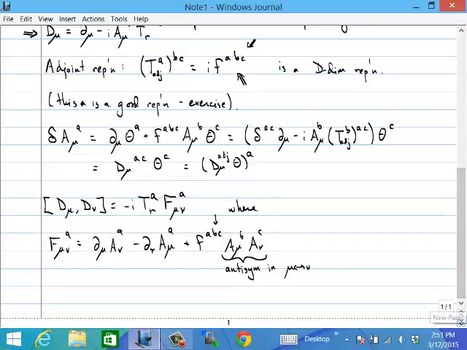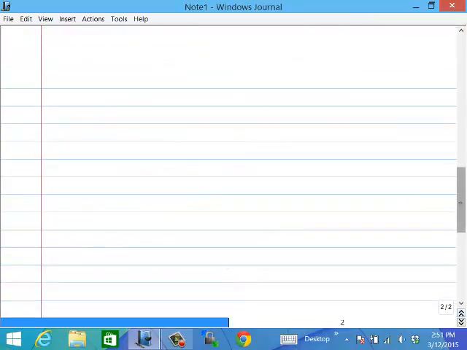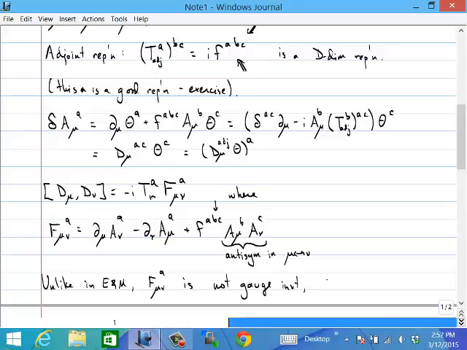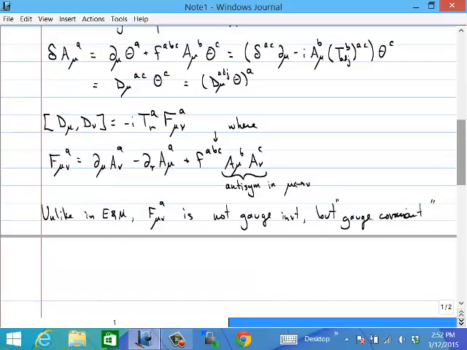Now, there are a few interesting differences from electromagnetism, which I'm just going to point out here. So the first is that, unlike in electromagnetism, F_mu nu is not gauge invariant, but rather it transforms under a gauge transformation in a way that is often summarized as the statement that F_mu nu is gauge covariant.